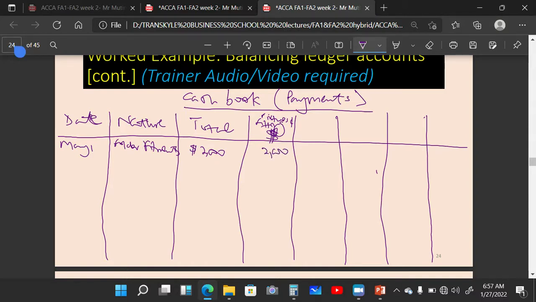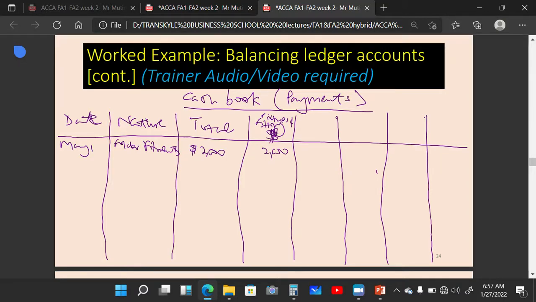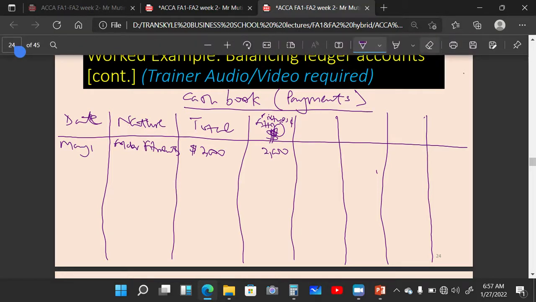This is the advantage of having an analyzed cash book. It tells us these were the items which we bought or which we paid for, and who was receiving the money, this company. So dates, and not nature here, it's details. It's a typo.